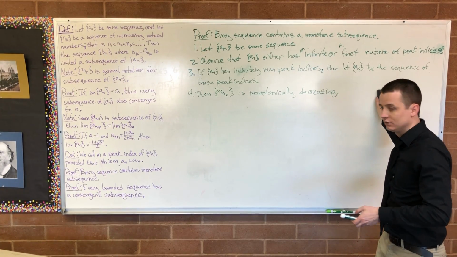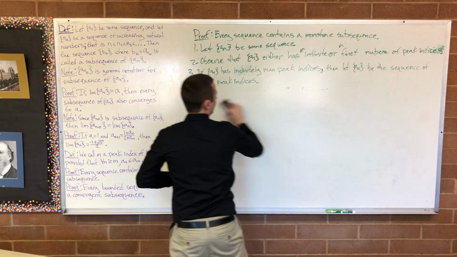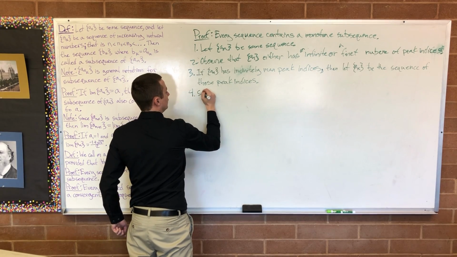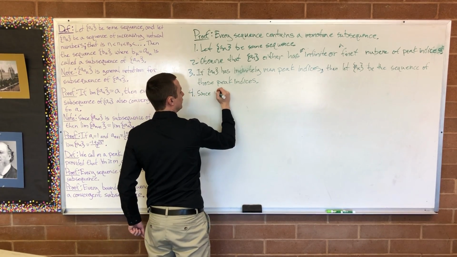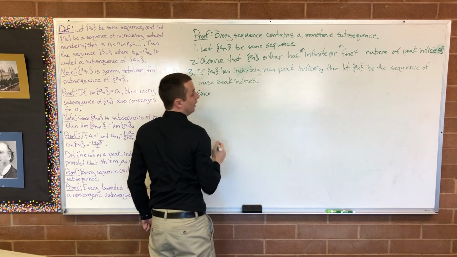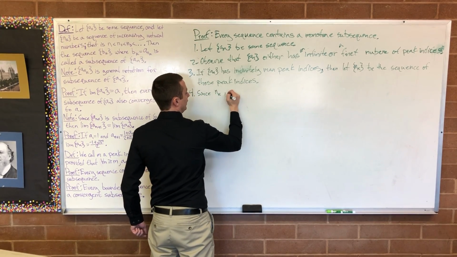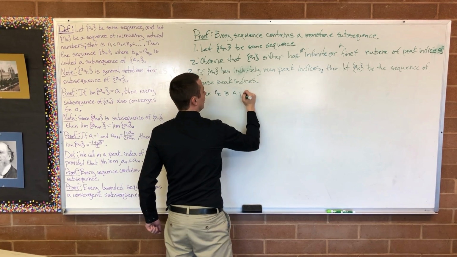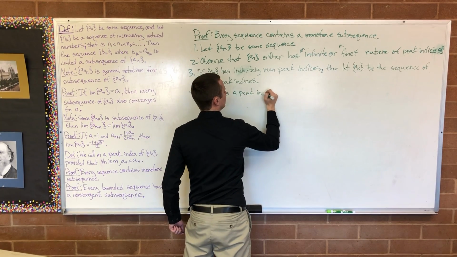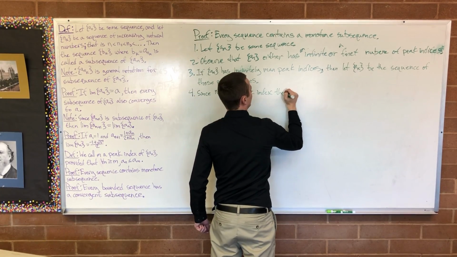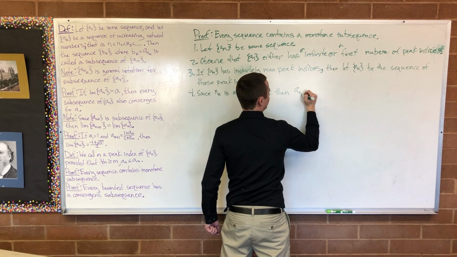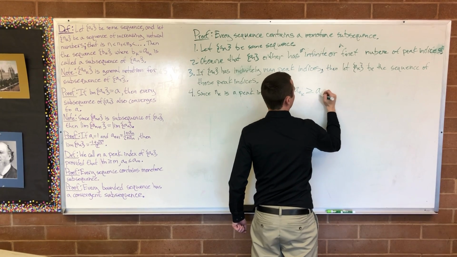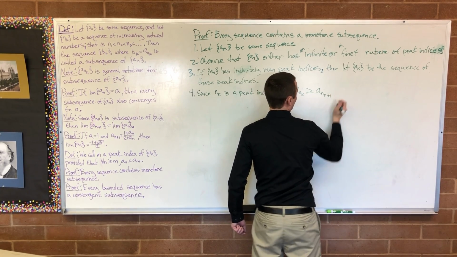Do you understand that, or should we write that out one more line? Sure, all right, let's add a line. Since n sub k is a peak index, then a sub n sub k is going to be greater than or equal to a sub n sub k plus 1.